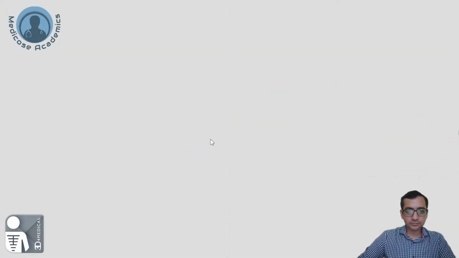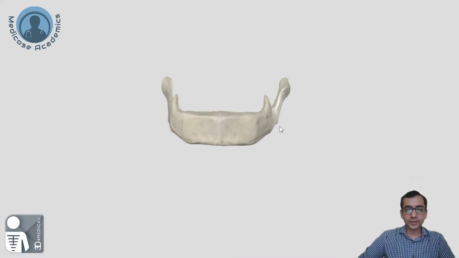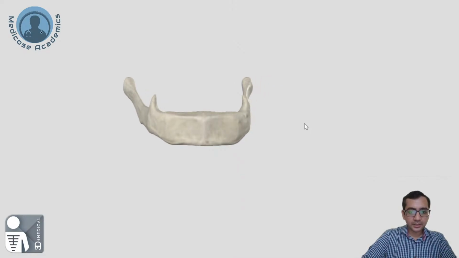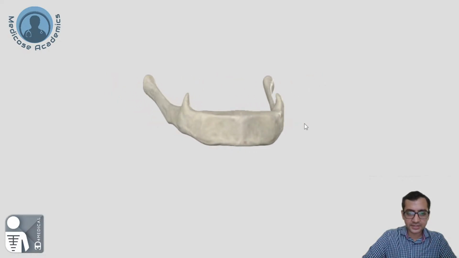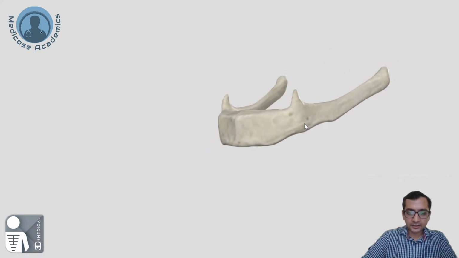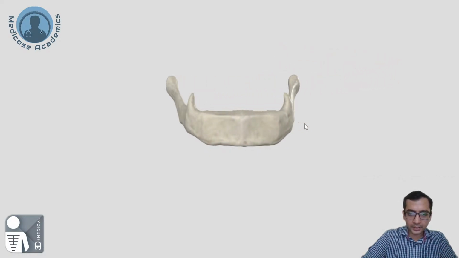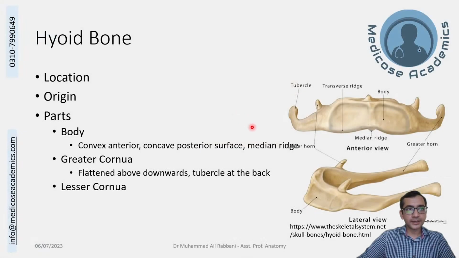This is the anterior surface, and here is the posterior surface, and of course there are two borders, the upper and lower one. In the midline there is a ridge, called the median ridge. Simple. The body has a convex anterior surface divided by the median ridge, and a posterior surface.